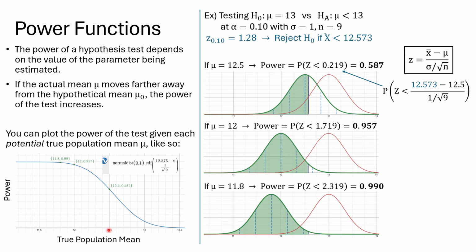If the true population mean were 12.5, we would reject this null hypothesis about 58.7% of the time. And then think about why, if the true population mean were 13, we would reject the null hypothesis that it is equal to 13 10% of the time. Did you think about it? It is exactly because alpha is 0.10.